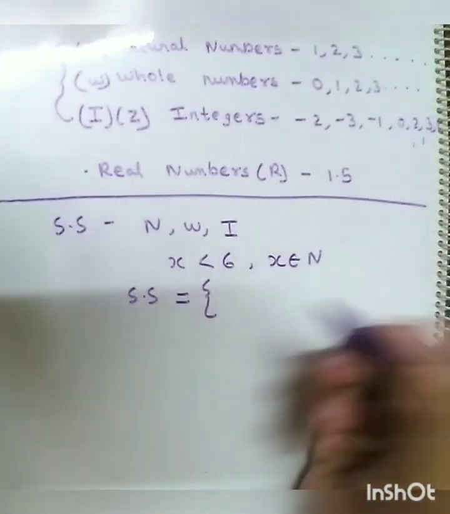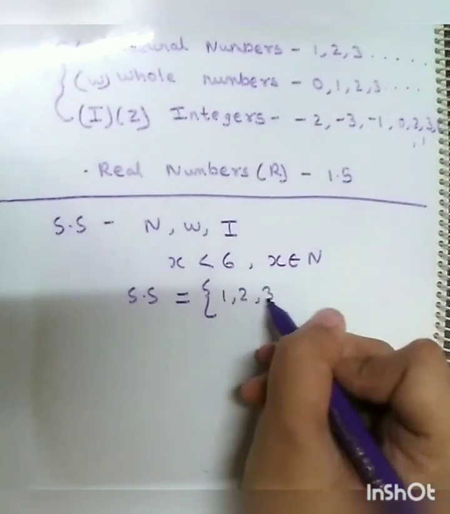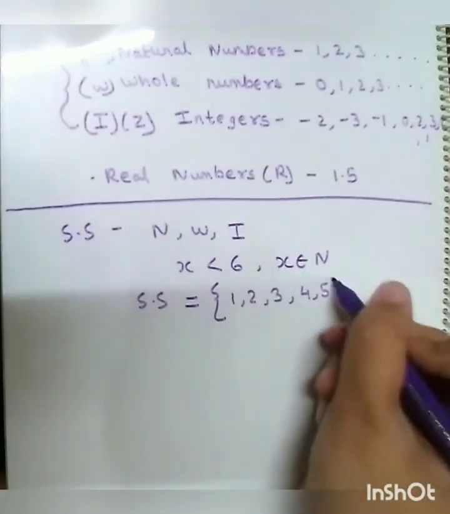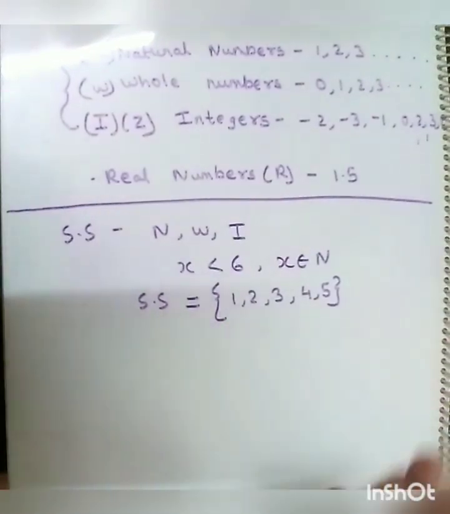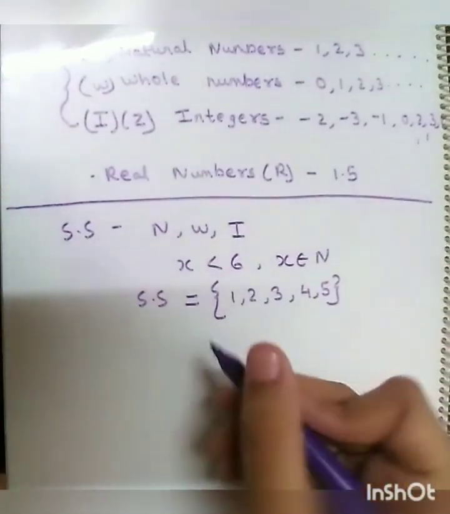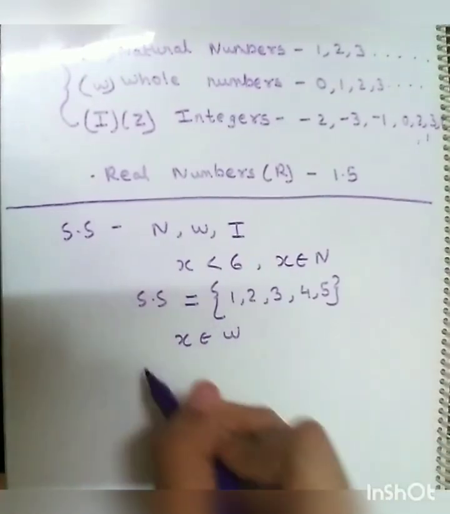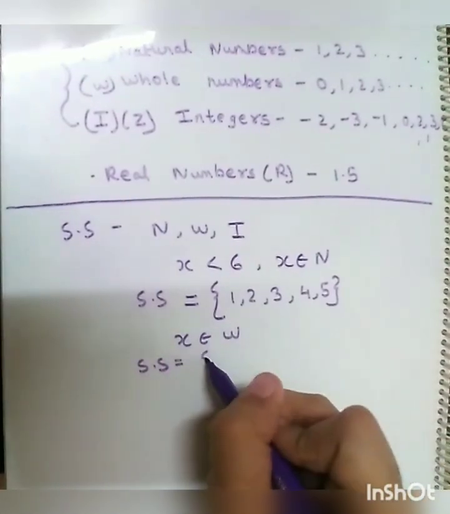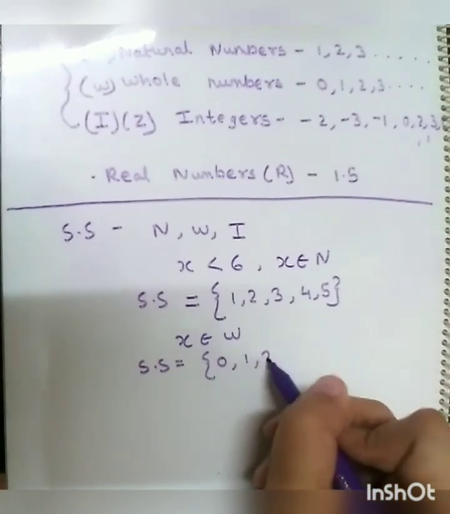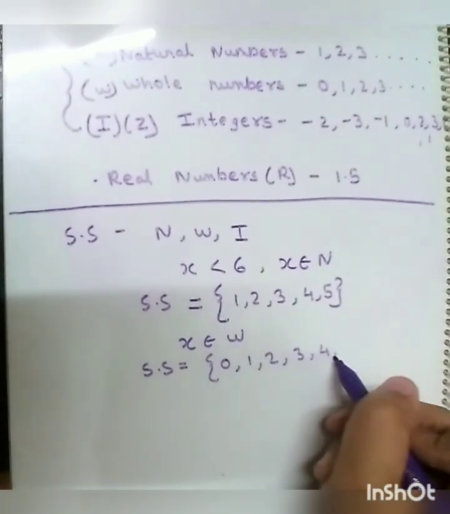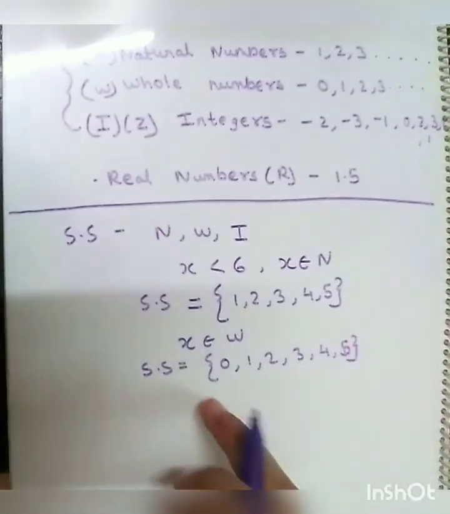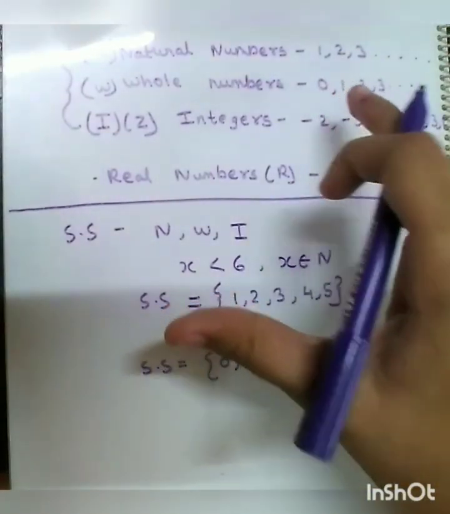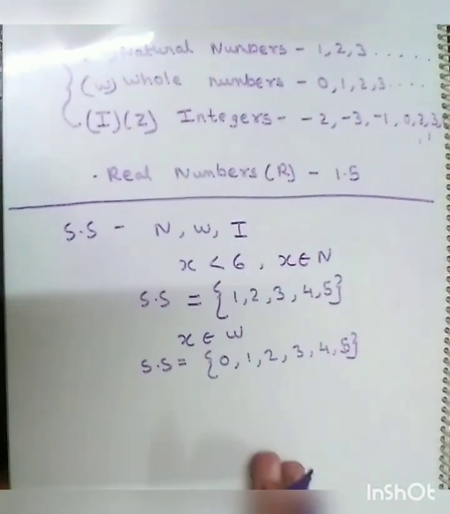In natural numbers it would be 1, 2, 3, 4, 5. This is the solution set for natural numbers. You directly have to list the numbers. Now if x belongs to whole numbers, the solution set would be 0, 1, 2, 3, 4, 5. The only difference is that 0 is also included because whole numbers also have 0.